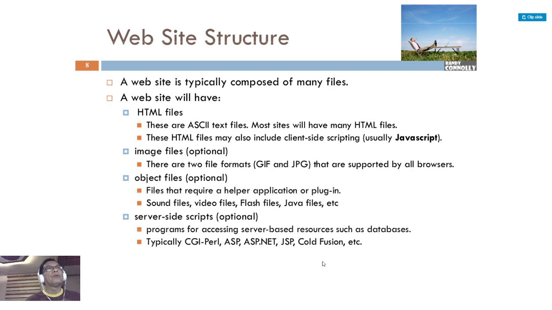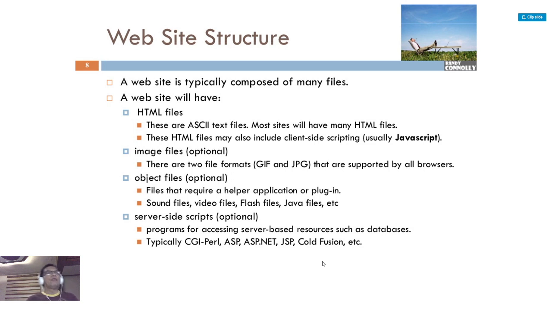A web page or a website can also contain image files. So here we have examples of GIF and JPEG files, but browsers now support not only two file formats, but more than two file formats for images.